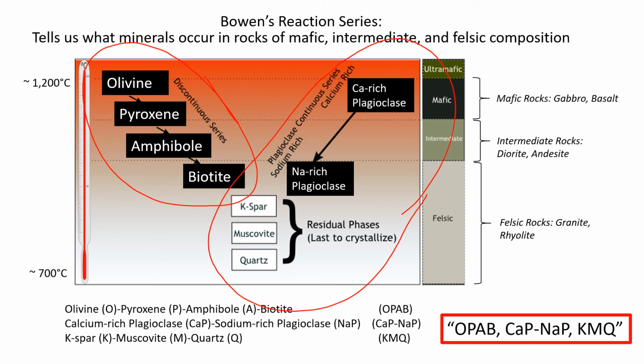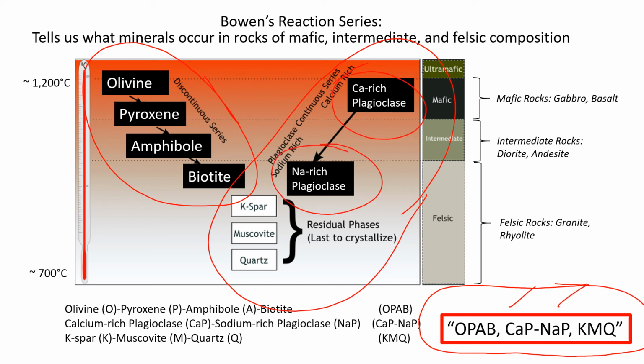How do you remember the order of crystallization overall? Just focus on this mnemonic, OPAB, CAP-NAP, KMQ. Remember, the O is for olivine, the P is for pyroxene, the A is for amphibole, the B is for biotite. CAP is for calcium-rich plag, NAP is for sodium-rich plag, and then finally KMQ is for K-spar, muscovite, and quartz.